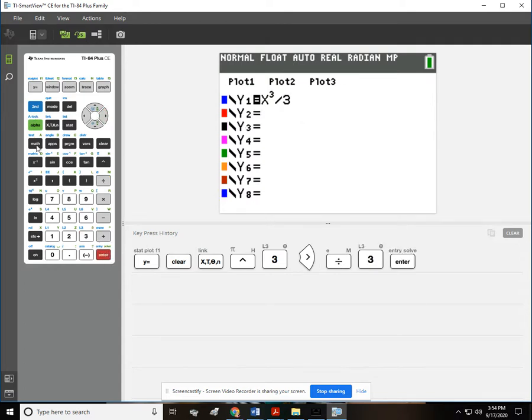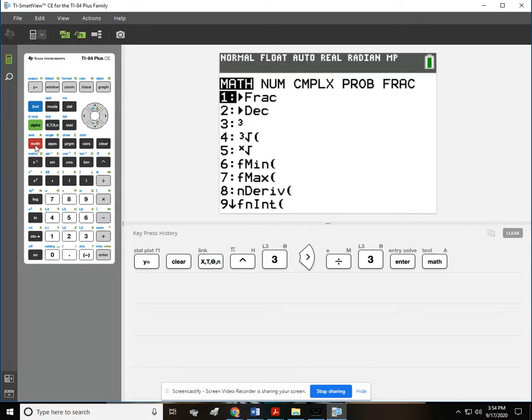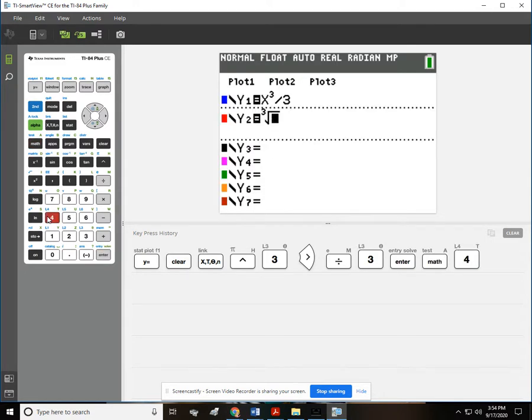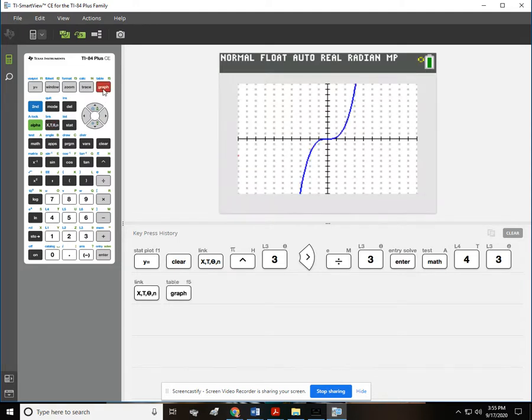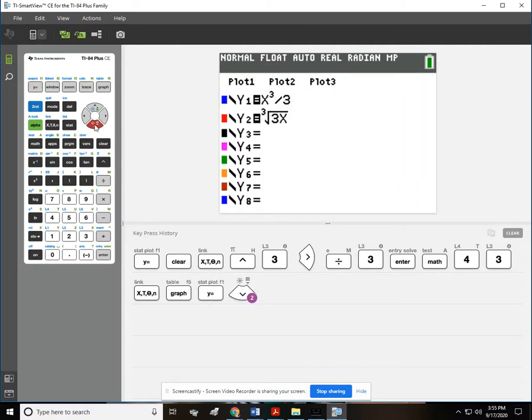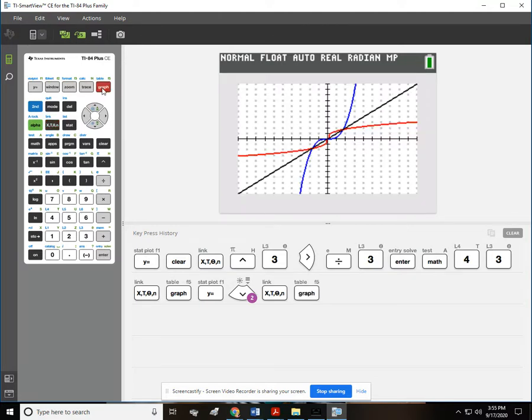Now on the graphing calculator, to get a cube root, you hit math. All right, that's the cubic, that's the cube root, and then if you want to see the line y equals x and see if it's a reflection over that line, you can. There's y equals x. So it is a reflection.